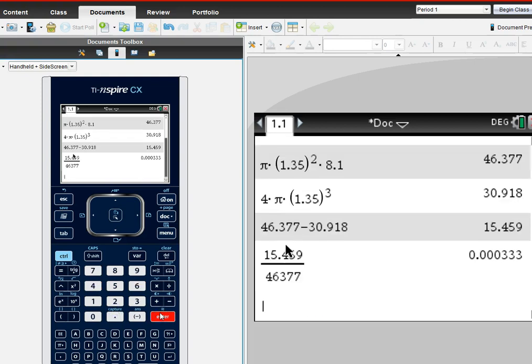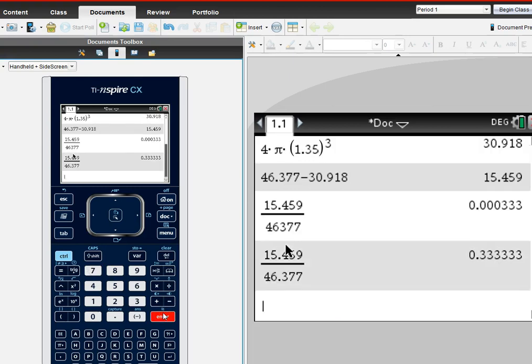Let's try that again. 15.459 divided by 46.377 is 0.3 repeating.